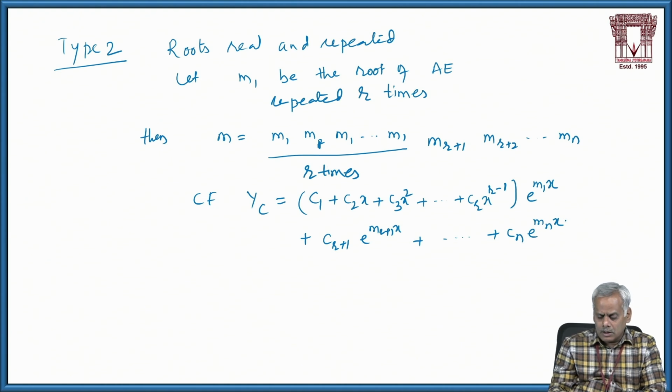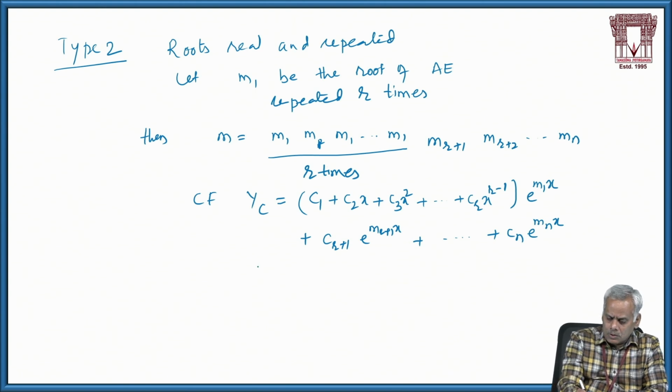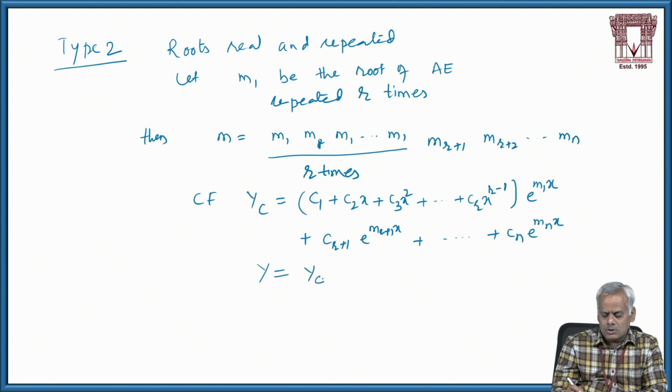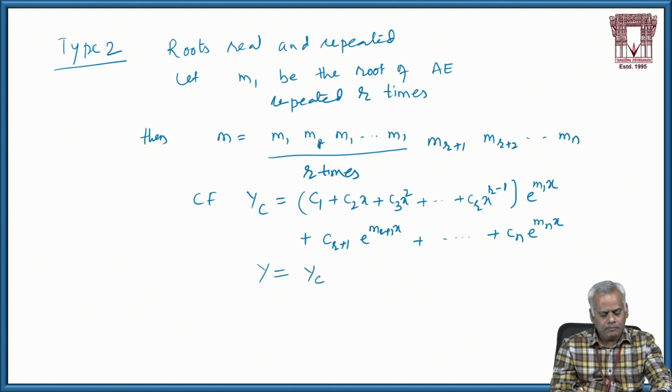So if we observe this solution, the linearly independent solutions are e power m1x, x into e power m1x, x square into e power m1x, and the nth linearly independent solution is e power mnx. And the complete solution or general solution of the differential equation is y is equal to yc.